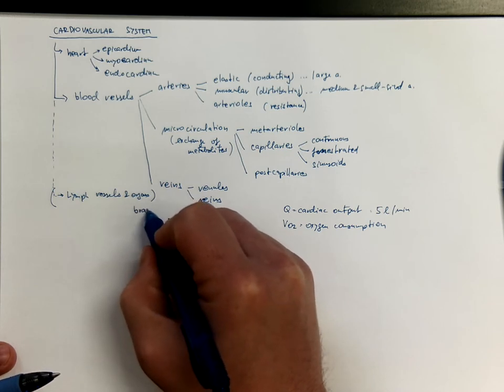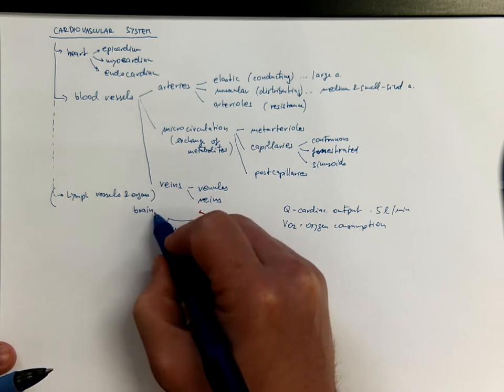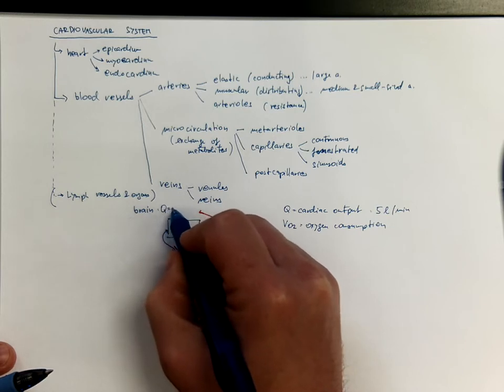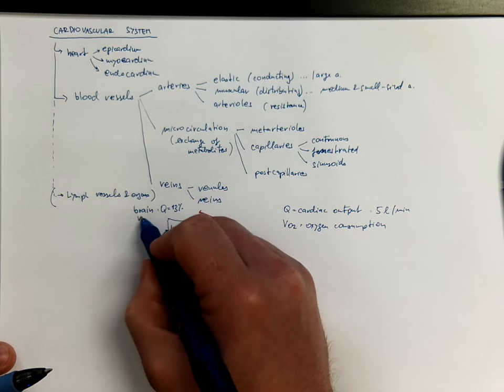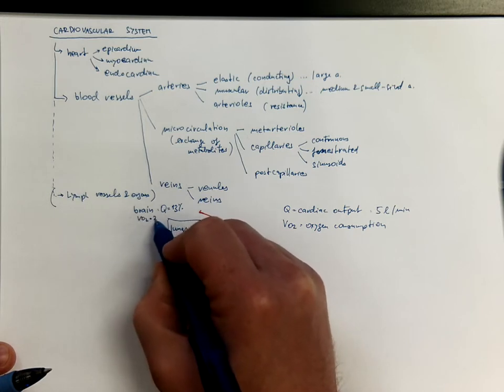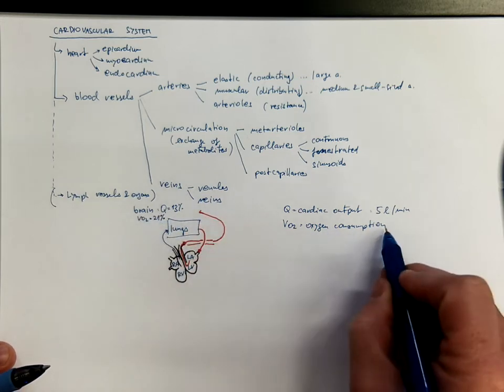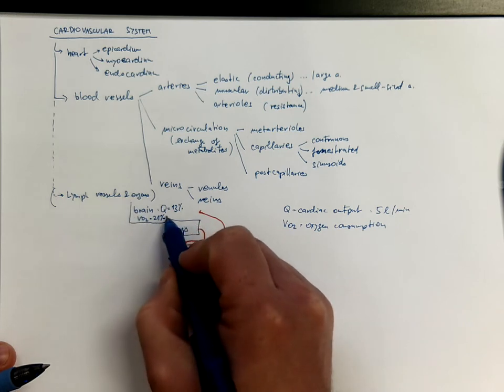Let's discuss mainly the brain. The brain receives like 13% of the cardiac output, but it consumes about 1/5 of the whole body oxygen consumption.